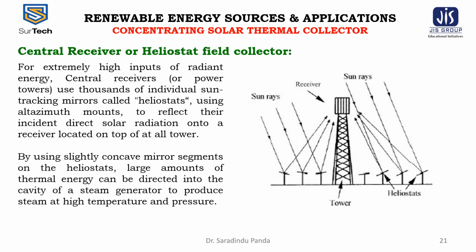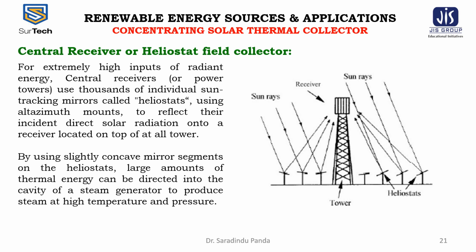Now the last type of concentrating solar thermal collector is the central receiver or heliostat field collector. For extremely high inputs of radiant energy, the central receivers or power towers use thousands of individual sun tracking mirrors, called heliostats, using alt-azimuth mounts to reflect their incident direct solar radiation onto a receiver located on the top of a tall tower.